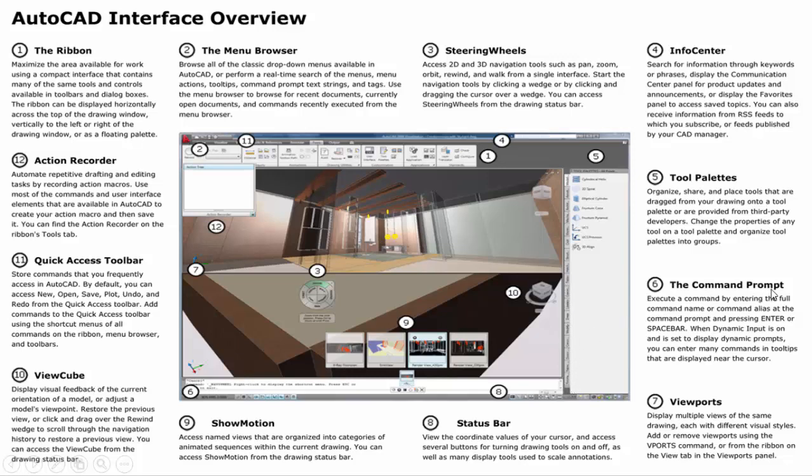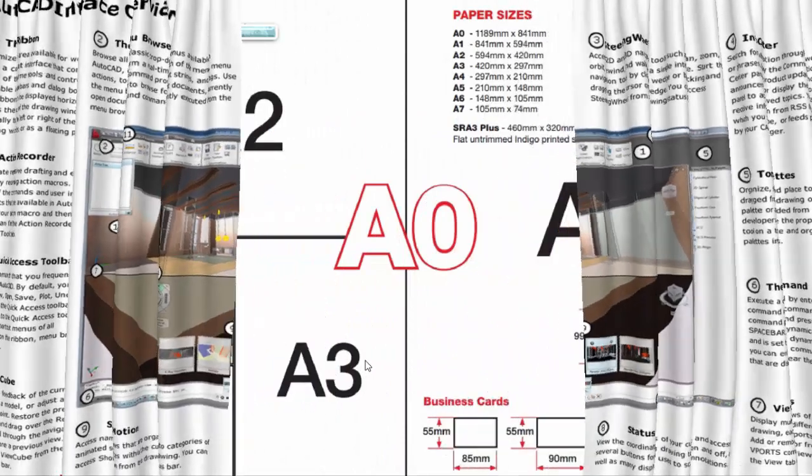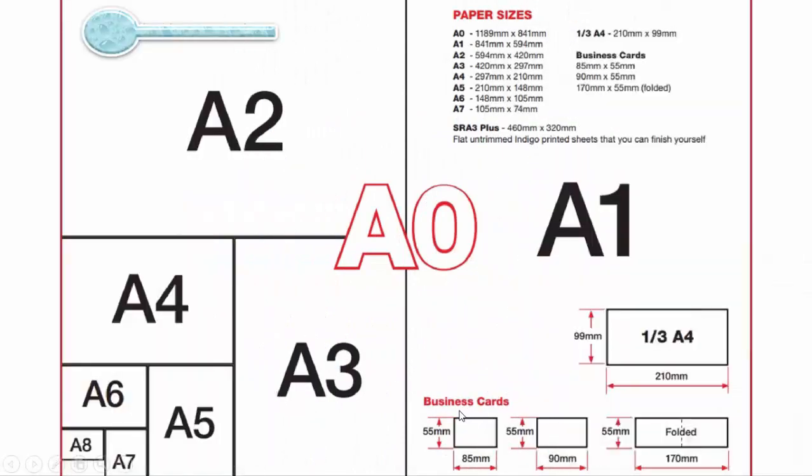We have the command prompt, which is one of the most important. Take note of this very part of it, because when you are working with the AutoCAD workspace or interface, it will prompt you, what do you want to do? You click on polygon, and what do you expect it to do?